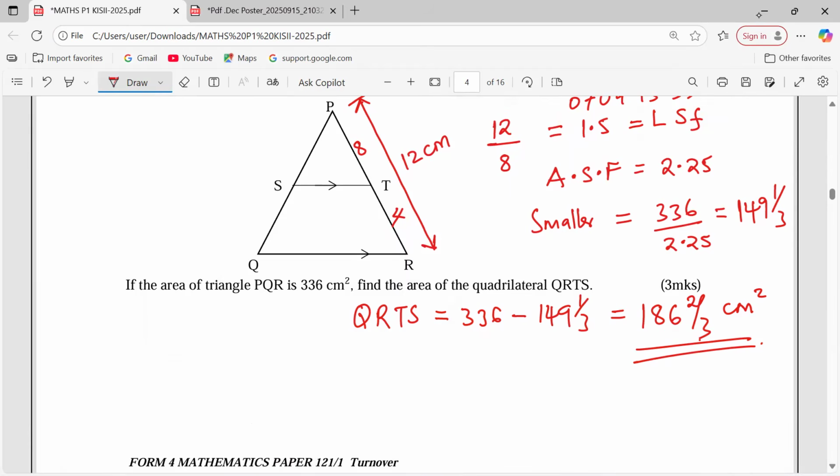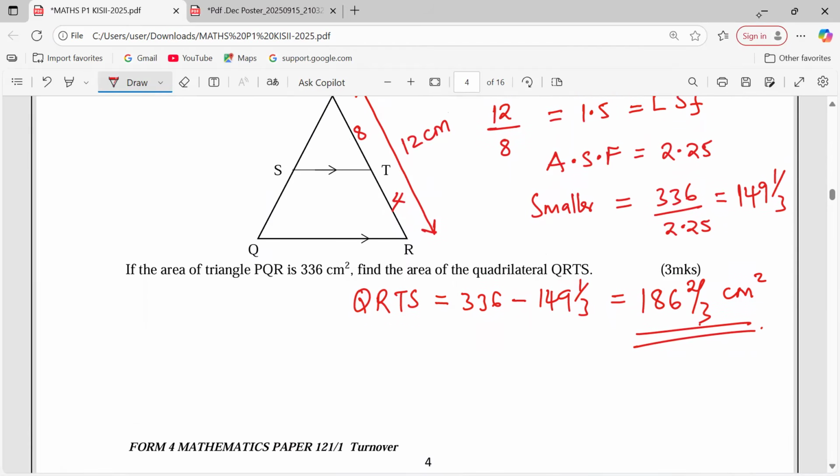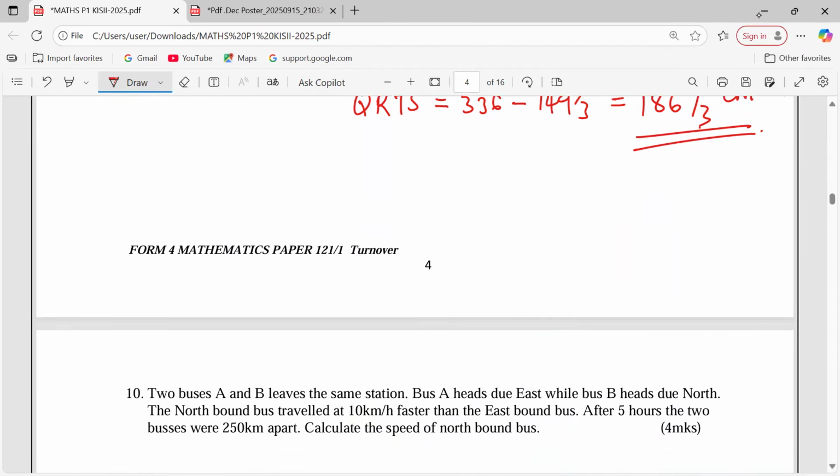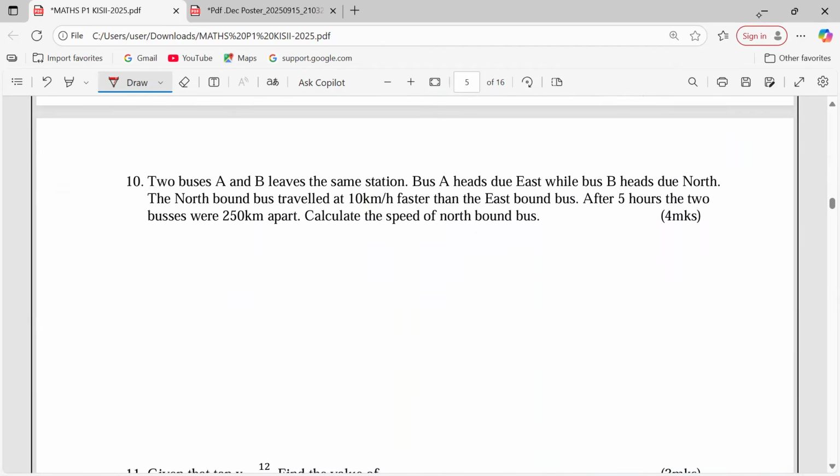That is now the area of the contralateral. Remember, we could not use similarities and enlargement for the contralateral because what we have related are triangles, and the triangles are the ones that are similar. So similarities and enlargements remain on the triangles only.